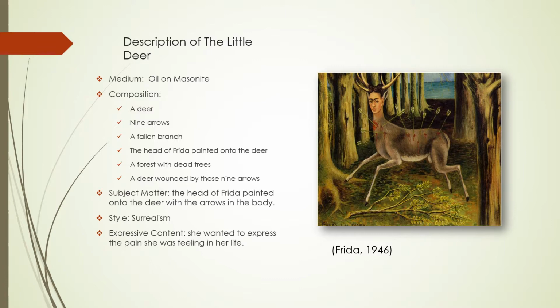As I said before in the introduction, she was in the hospital because of the bus accident she faced, and so she wanted to show the audience the pain she was feeling by using that head of hers painted onto the deer with those arrows.